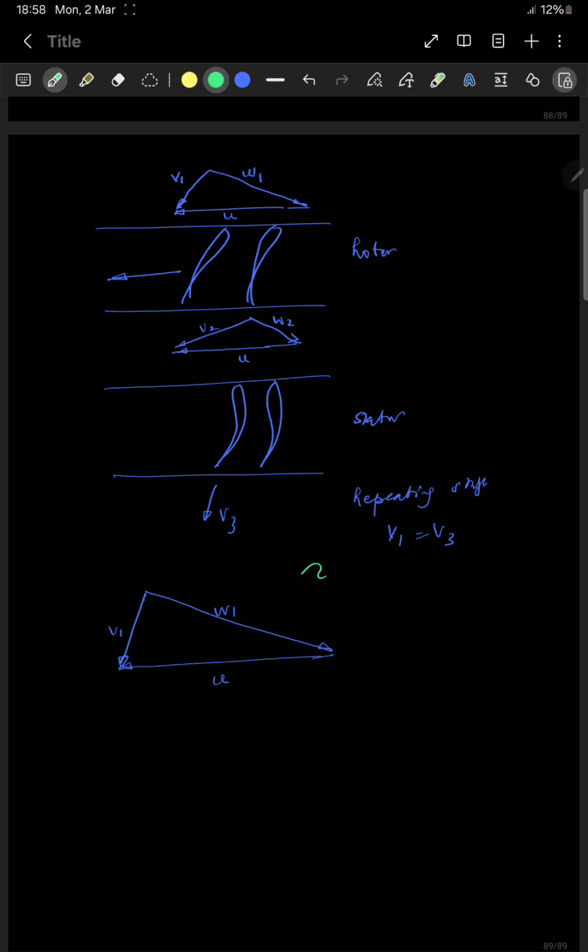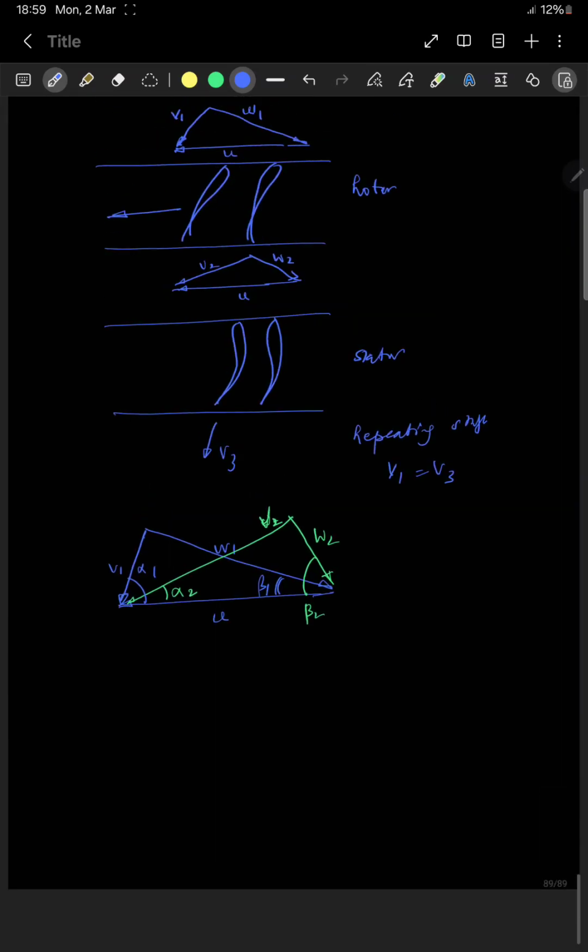This is the second triangle, this is V2, this is W2. This is beta 2, this is alpha 2, and over here this is alpha 1, this is beta 1.